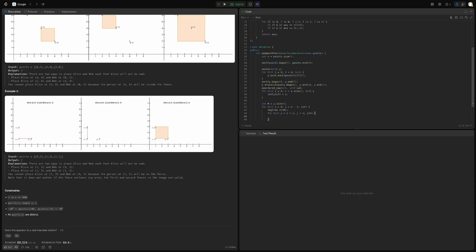Okay, how is it with ties? Because, you know, let's say they are the closest in X. Okay, well, it will probably go from the smallest Y. So you don't really want to sort like that.